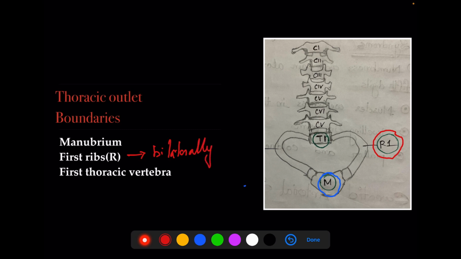And third one is the first thoracic vertebra, that is here. I am using green color to identify it. And this one is the manubrium.